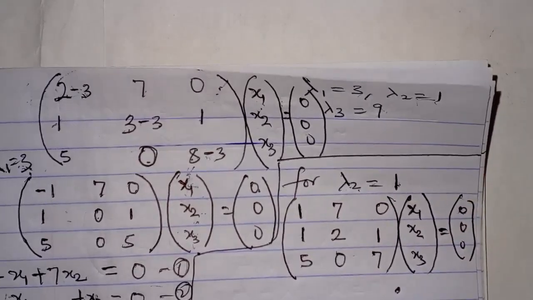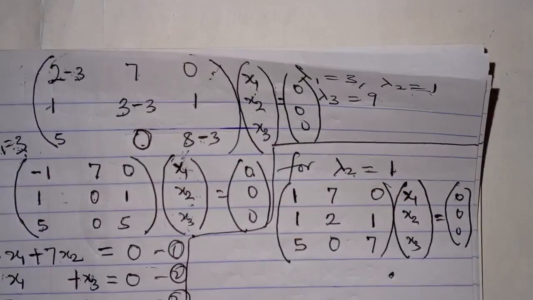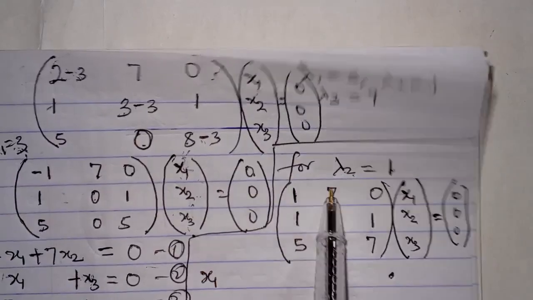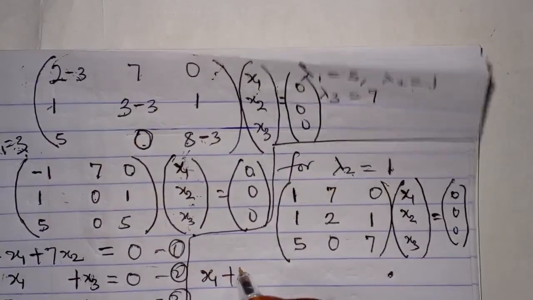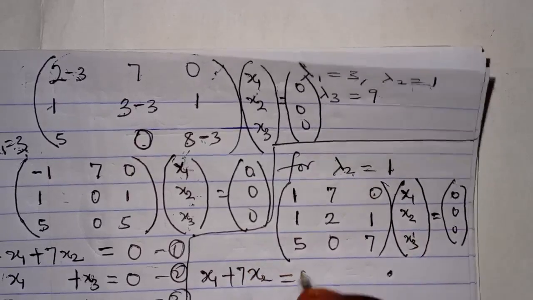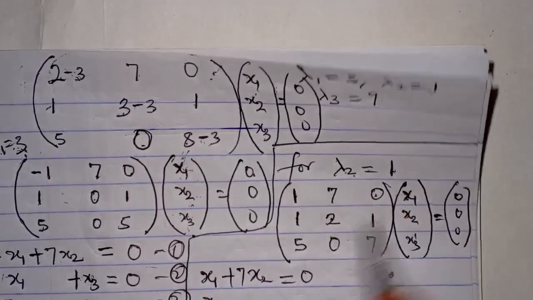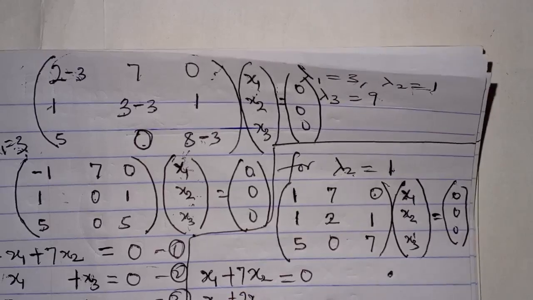So we now get a system of equations from here. 1 times x1 is x1. 7 times x2 is 7x2. 0 times x3 is 0, equal to 0. 1 times x1 is x1. 2 times x2 is 2x2.